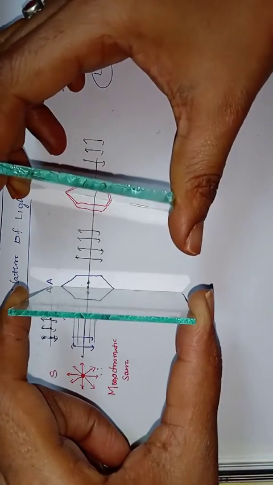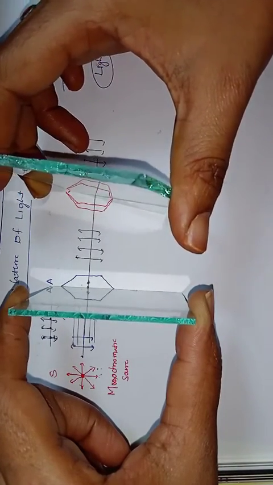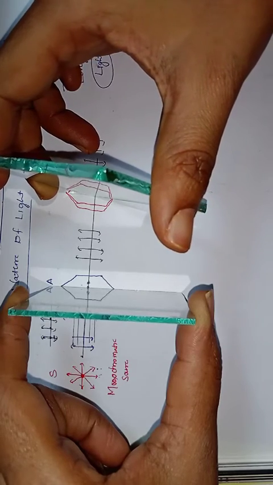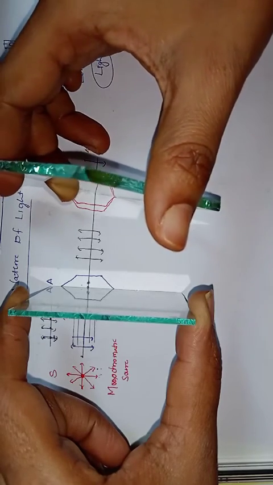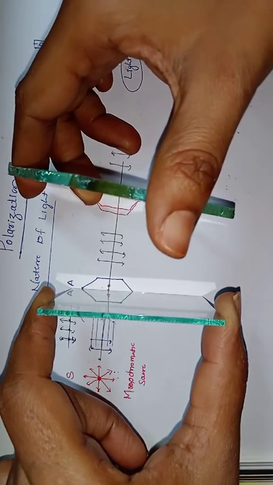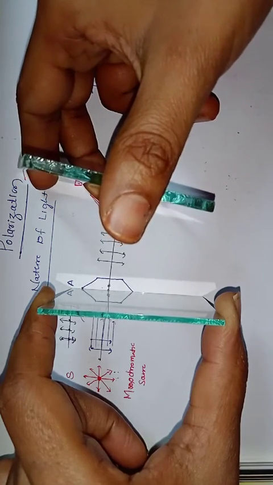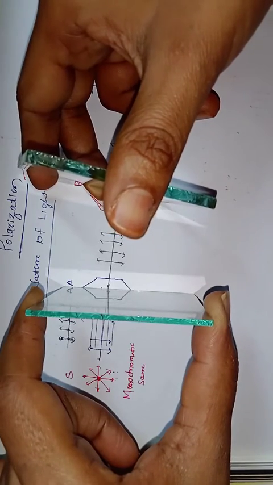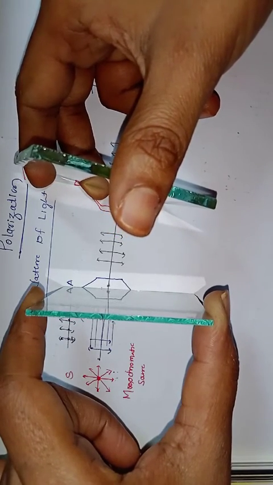The intensity becomes zero when crystals A and B are perpendicular.